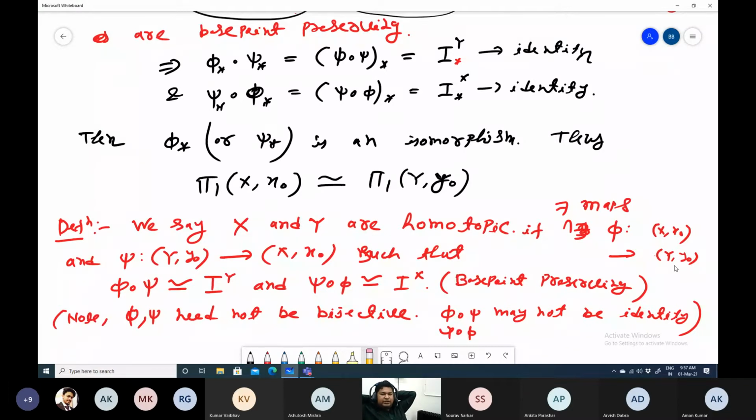Okay, so in this case we are saying that the spaces X and Y are homotopic. They are spaces, not maps, homotopic. Why did I write that it is map? In this definition we are saying that X and Y are homotopic.